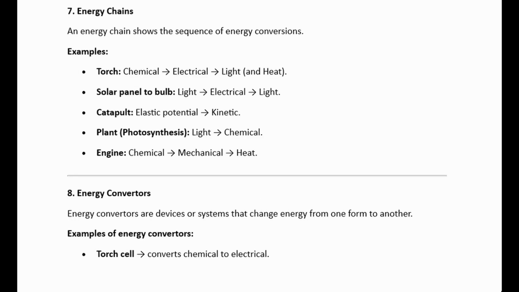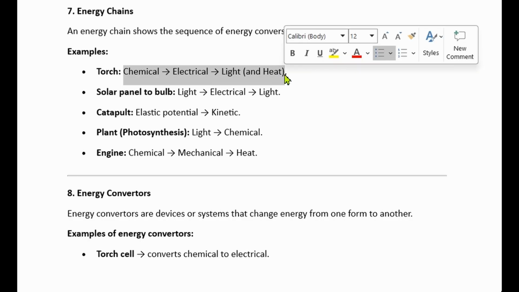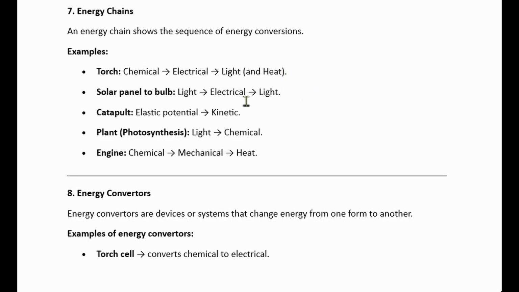All right. Energy chains. An energy chain shows the sequence of energy conversions. For example, a torch: this is the energy chain, which explains that the energy is converted from chemical to electrical, then light or heat. Then from the solar panel to a bulb, it's light from the sun or the source, then converted into electrical, then light.